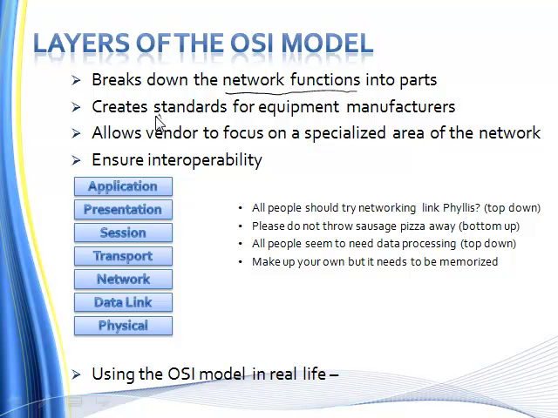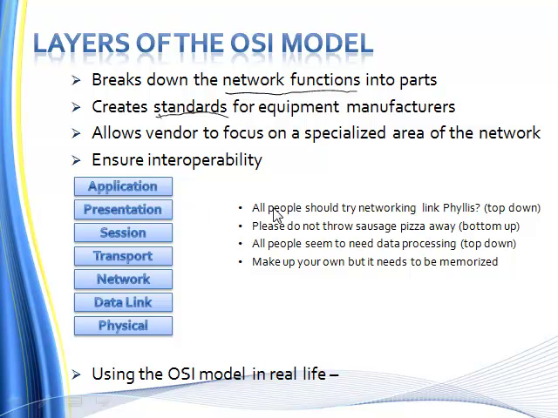It also allows us to create some standards for the equipment manufacturers. So when a manufacturer makes a network card, because they've built it based on these standards from the OSI model, it will work on your network.